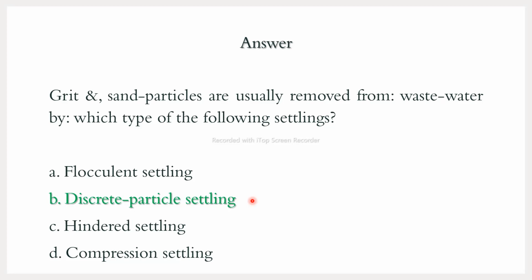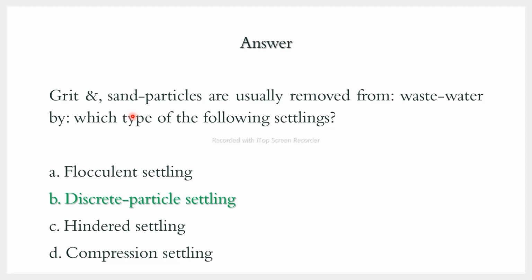So if FD is the drag force offered in the upward direction on the particle by the water, then the relation between FD and V will be FD equals 6 pi eta R V, or 3 pi eta d V, where R is the radius and d is the diameter of the particles, grit or sand particles, if we assume them to be uniform.